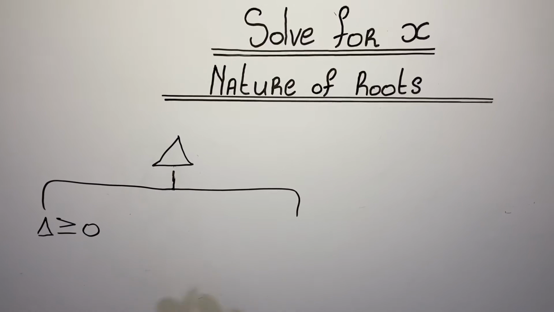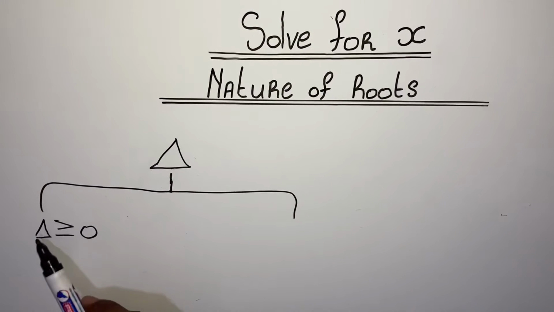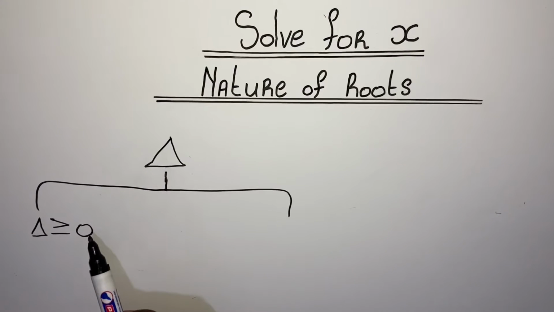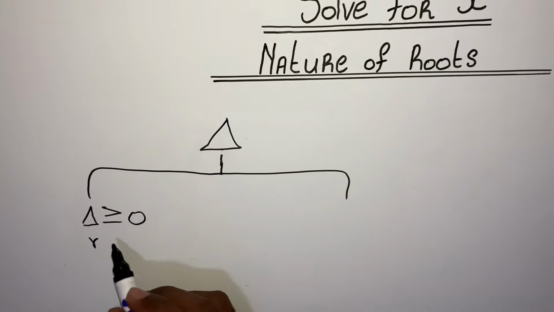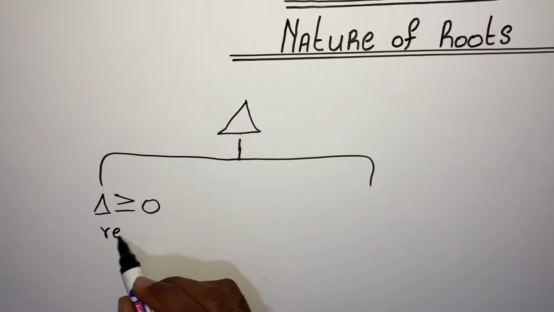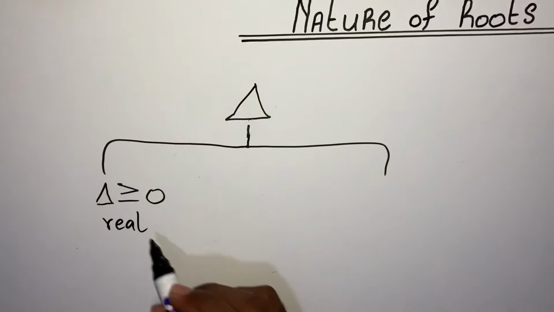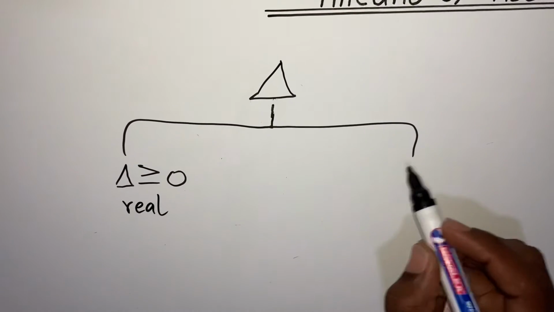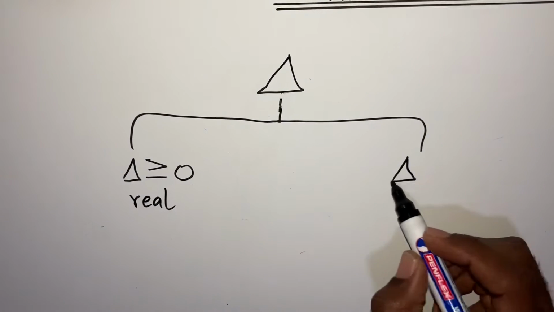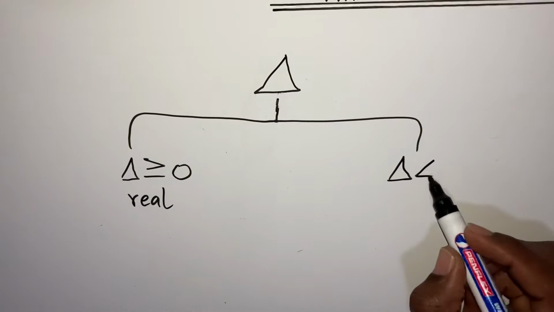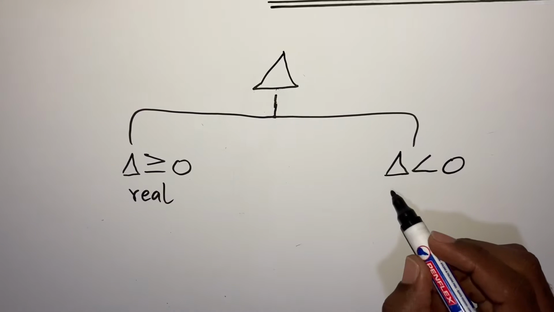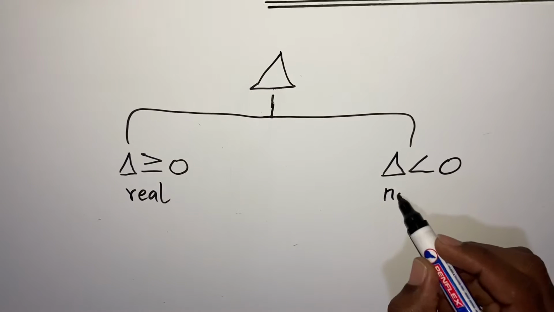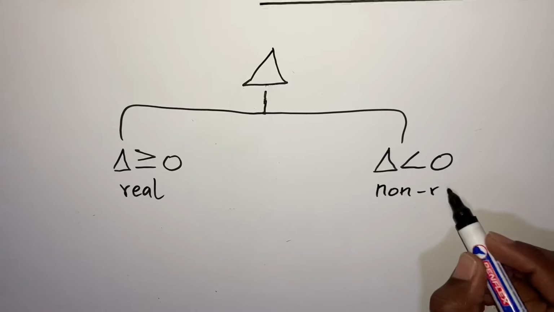If I do my calculation and find my delta being greater than or equal to 0, I'll conclude by saying the roots are real. Then if I calculate and find my delta to be less than 0, when I comment, I'll say my roots are non-real.